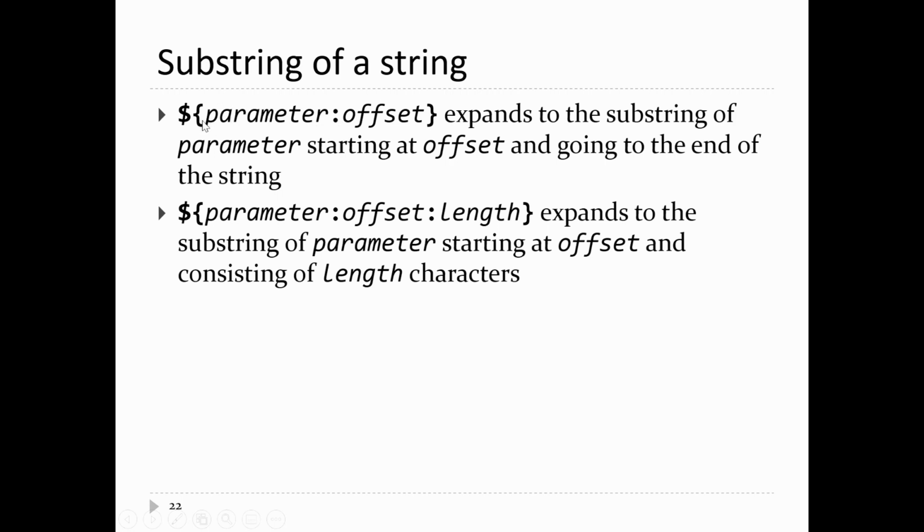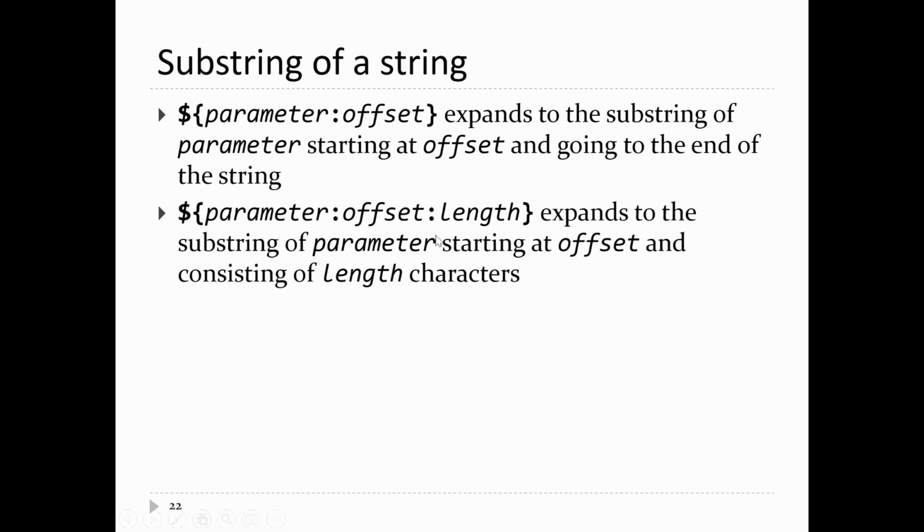If you have a variable called parameter, then variable:offset gives you the substring starting at offset and going to the end of the string. Offset starts at 0 for the first character, so some variable name :0 just gives you back the entire string.